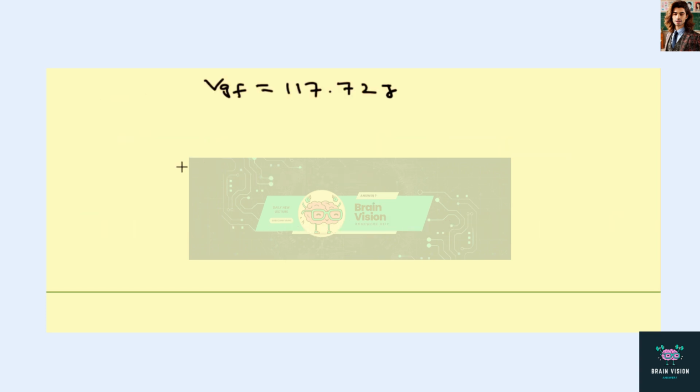Now let's calculate the initial elastic potential energy, which is Vei. So this is equal to 1 divided by 2 k xi square.